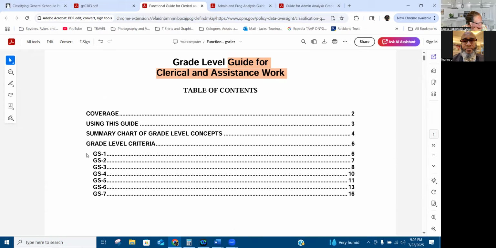I put a sample in the chat. Evaluation statement write-up example. It just gives you some guidance. What I like to say is what the standard says.